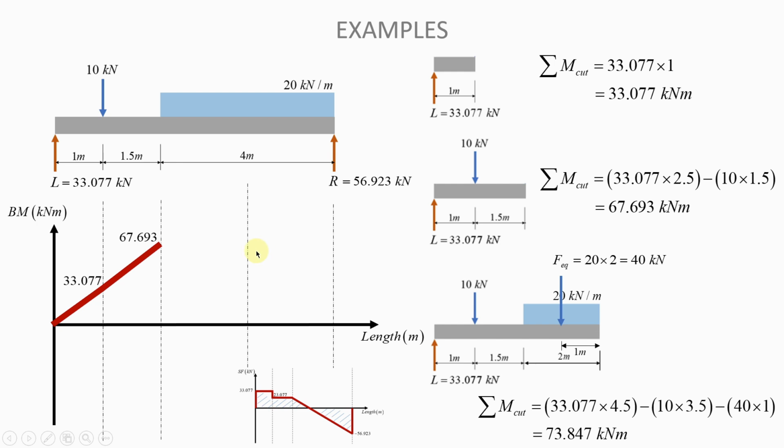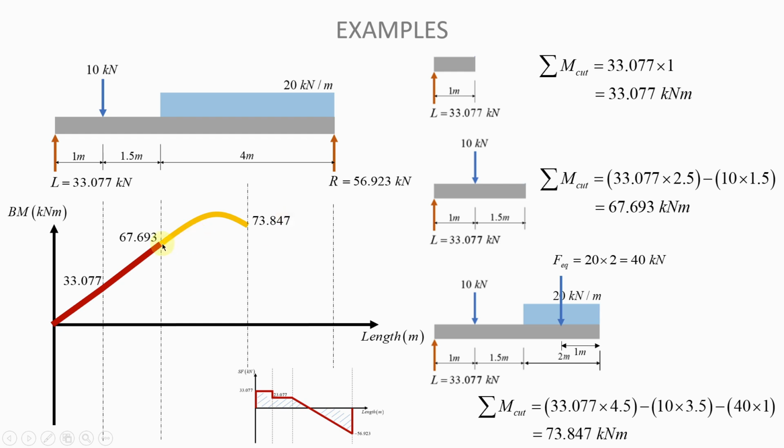Although we do not know its magnitude, we need to draw our curve in such a way that it goes up to the maximum and then comes down to that value of 73.847, which is the moment that we have here in the middle of the UDL. So if we do that carefully, this is what we have.